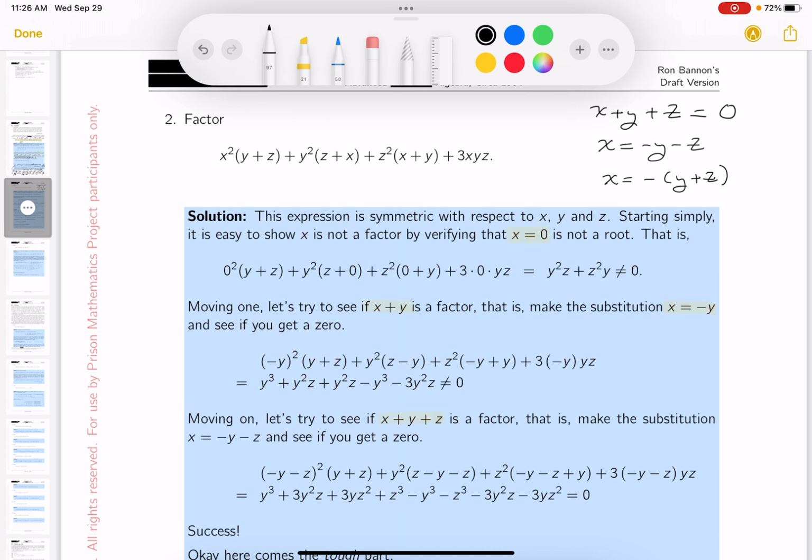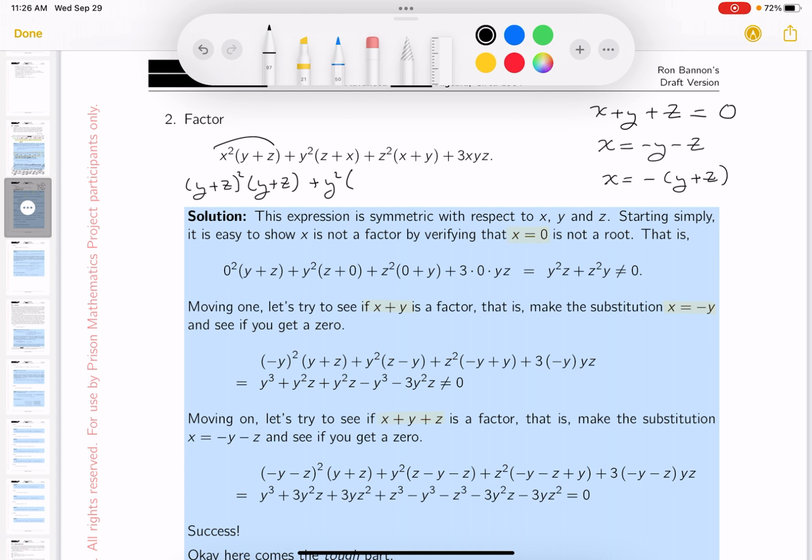What's x? Well, it's minus y plus z. What do you mean you get square of that? You would get y plus z squared times y plus z. That's this thing right over here. Let's do the next one. What do you get? You get y squared. Right, I'm not saying it's easy, by the way.